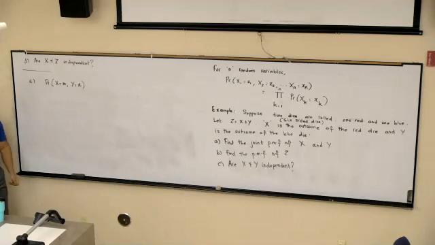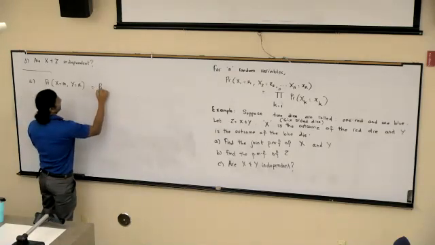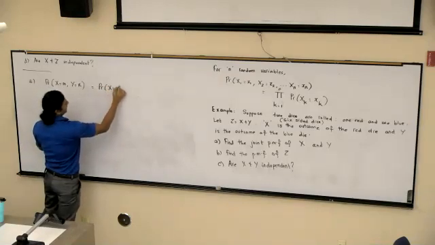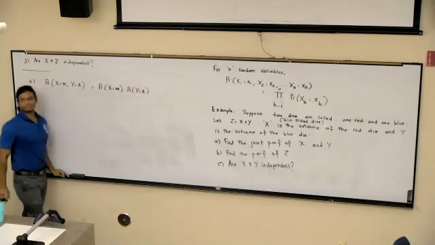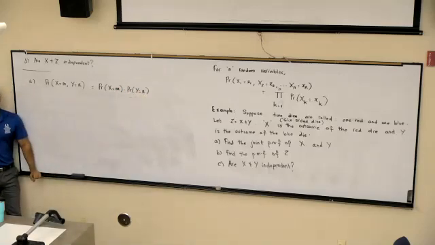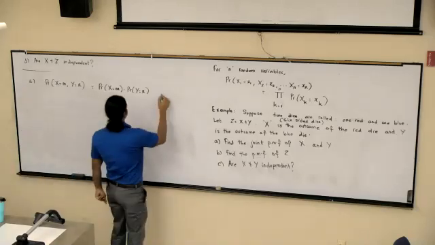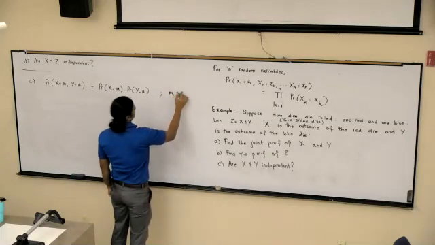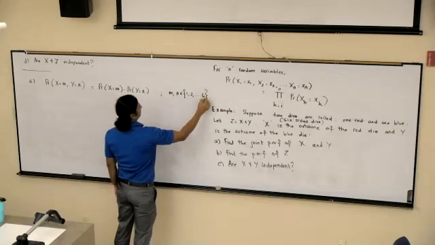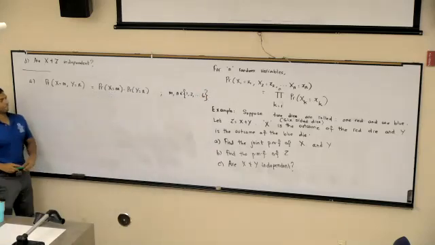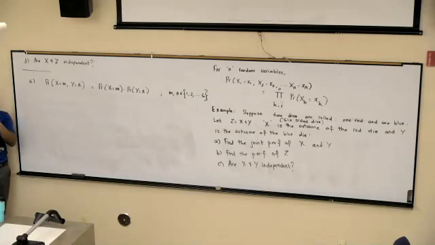So the probability that X is equal to m, comma, Y equals n is simply the probability that X is equal to m multiplied by the probability that Y equals n, where m, comma n would be 1, 2, all the way up to 6.